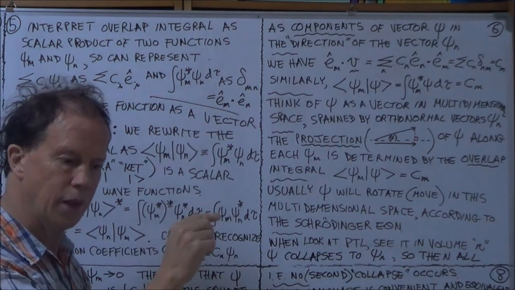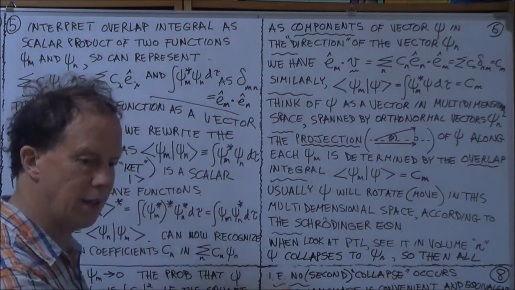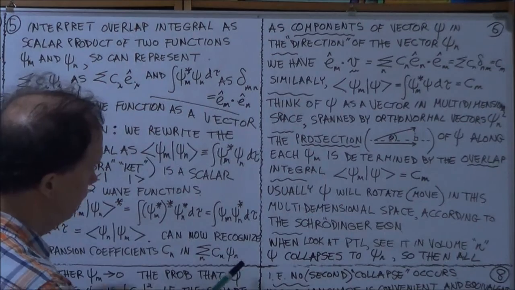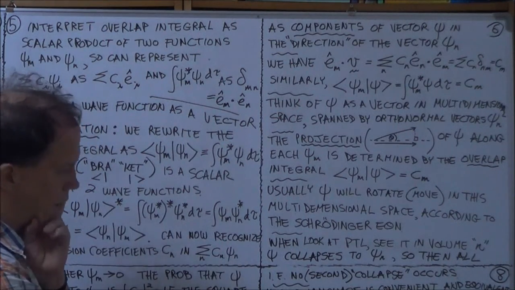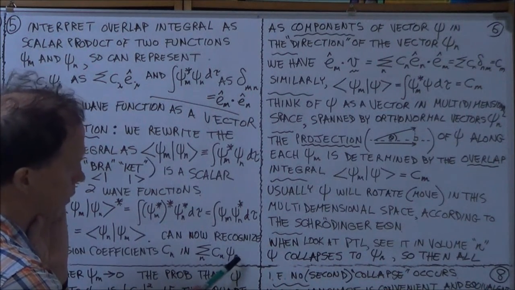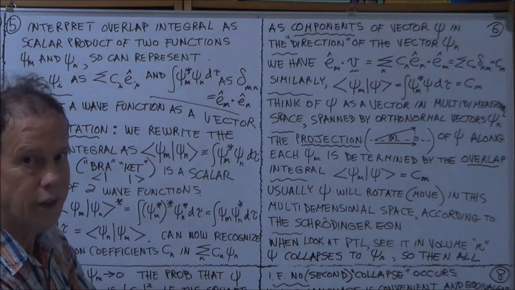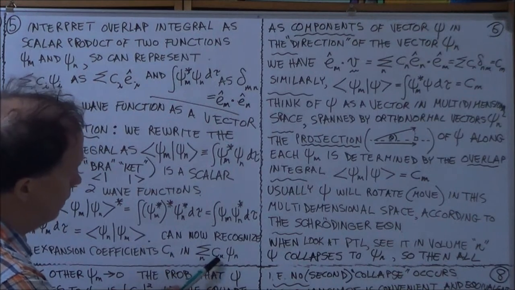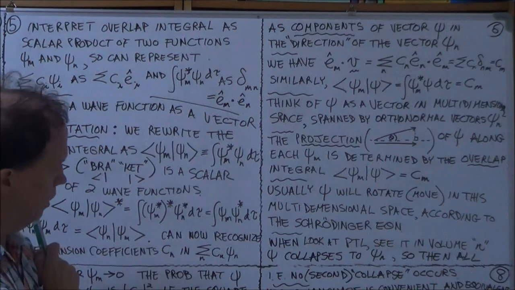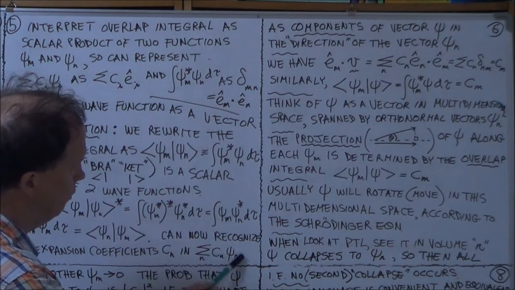Remember your unit vectors e_i, e_j, e_k along the x-axis, y-axis, z-axis. If you interpret these wave functions now, let's say n is 3, so we're just in 3 dimensions, then you'd have psi1, psi2, psi3. If you interpret these wave functions as unit vectors, then these components are, in a sense, I can't really say length because we're talking complex numbers, so they are coefficients of these unit vectors.